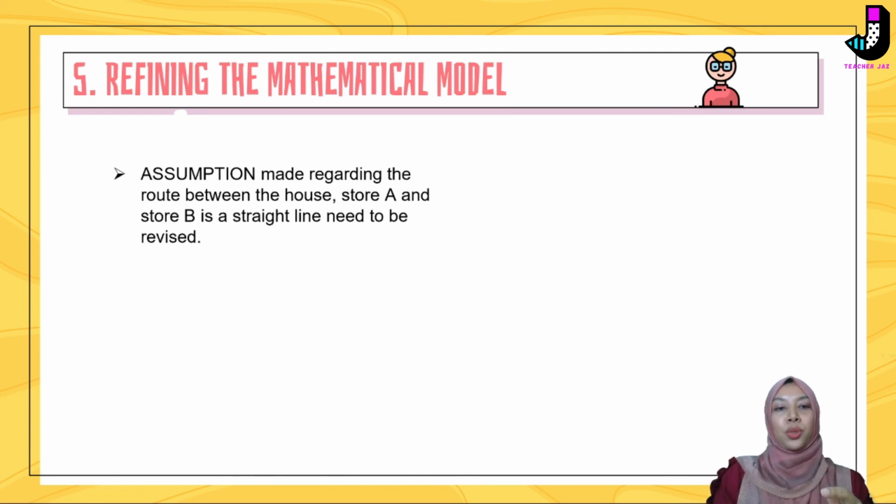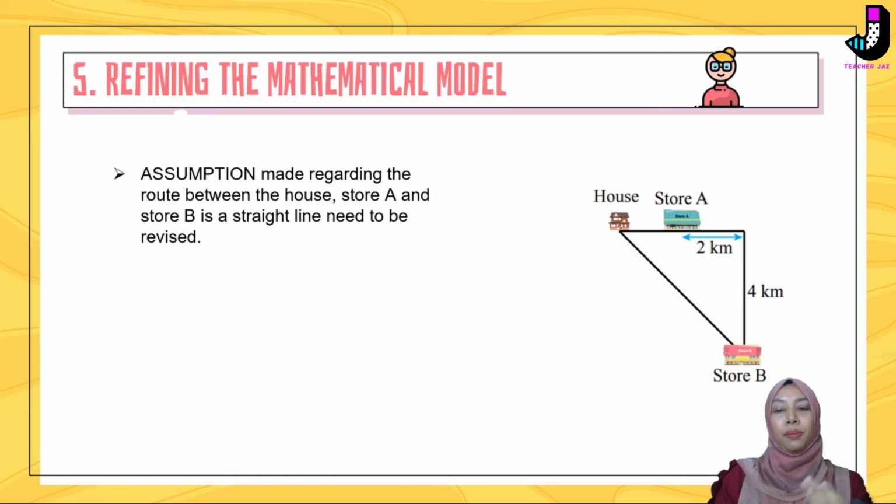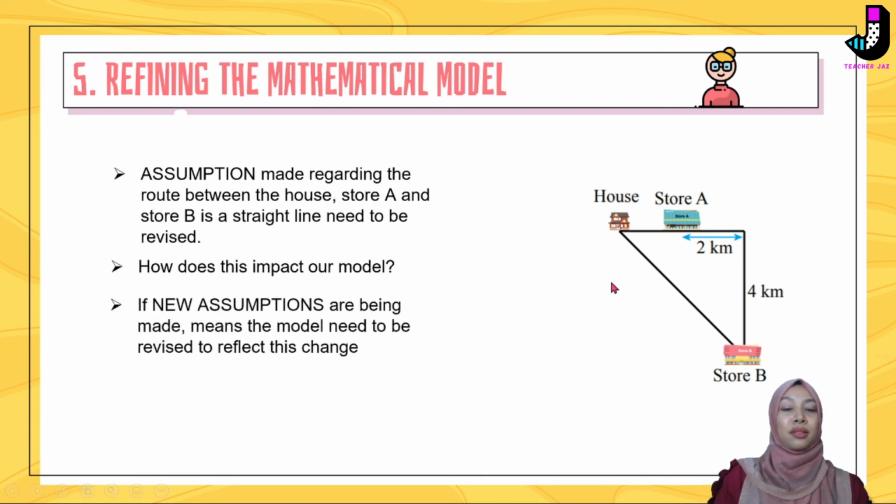Okay, so here it might be like this. This is the house, this is the store A, and this is the store B. Okay, so how does this impact our model? So mesti akan something impact kan, because it's not a straight line. So if new assumptions are being made, means this model needs to be revised to reflect this change. Okay, means kena buat balik yang second step tadi tu.